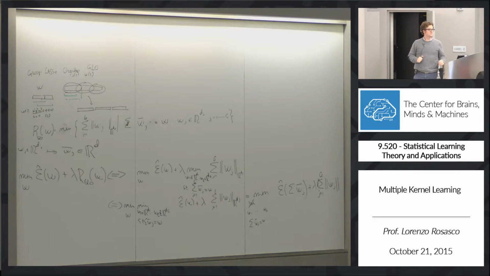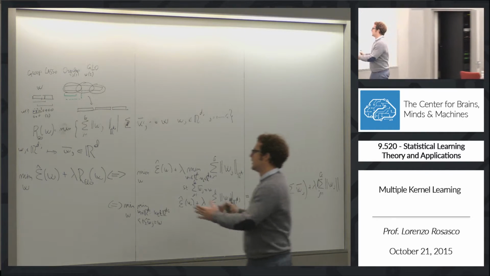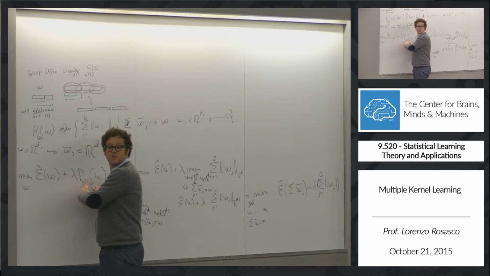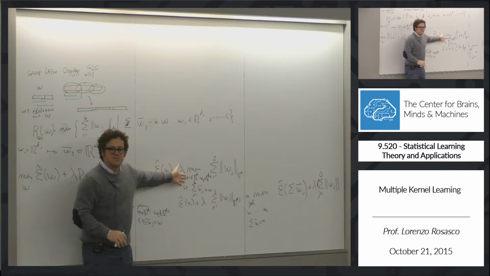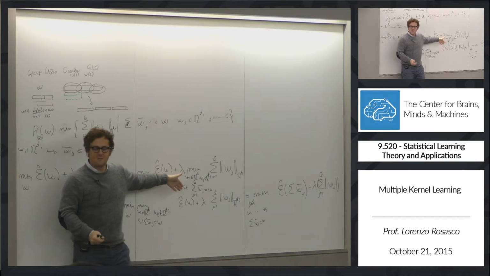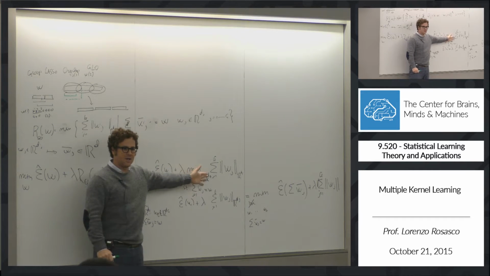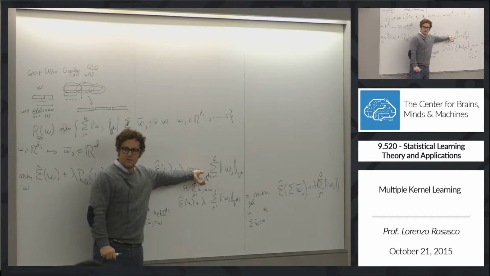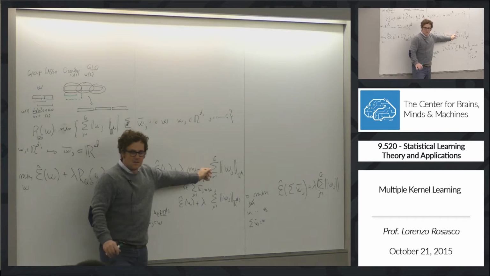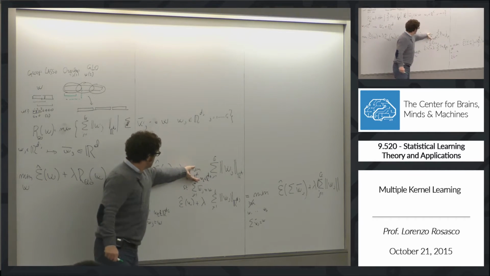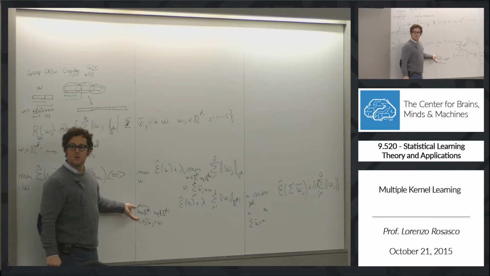So far so good? So the steps are: you write down the problem with the regularization that I wrote above. Then, mostly for pedagogical reasons, I rewrite exactly what I wrote, with this minimum appearing here. So I did nothing. But then I do something, which is I move this minimization in front, and I can do it.